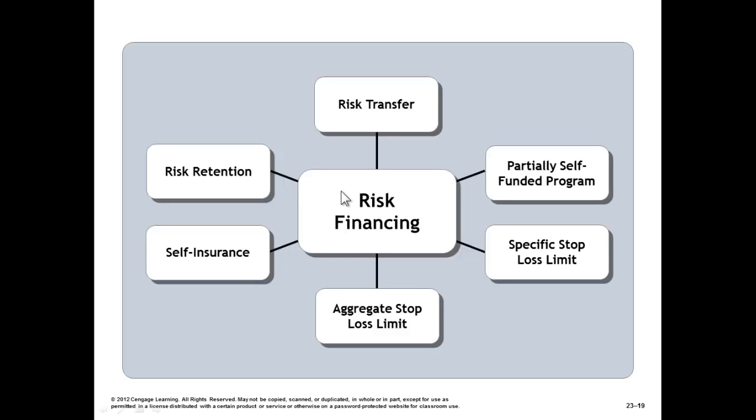So let's look at risk financing just for a little bit. There's several terms here that probably we need to talk about just a little bit. Self-insurance simply means that I'm going to make my company look like an insurance company. I'll set aside the money to provide for the insurance coverage in specific areas. Most often you'll see this with large companies on their health care programs or their health insurance programs.